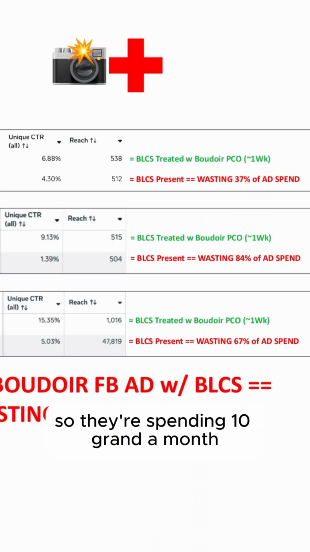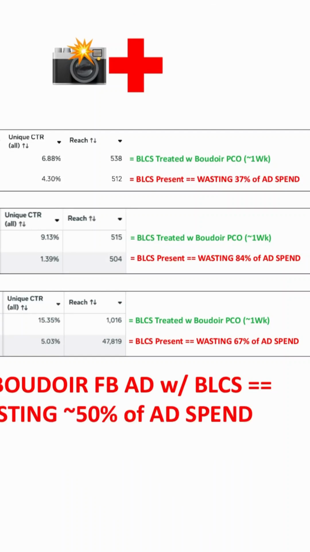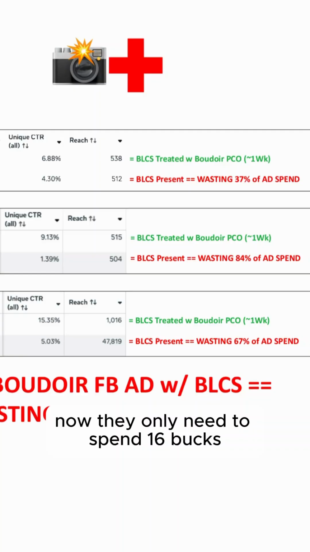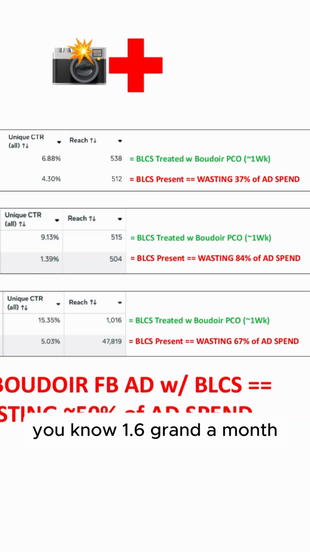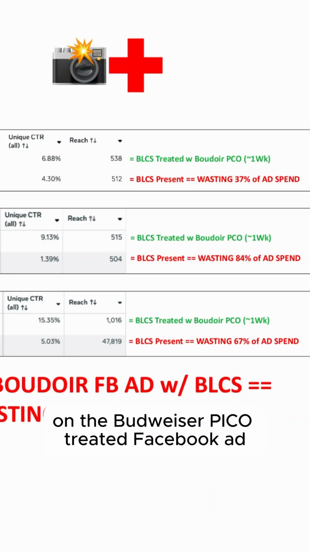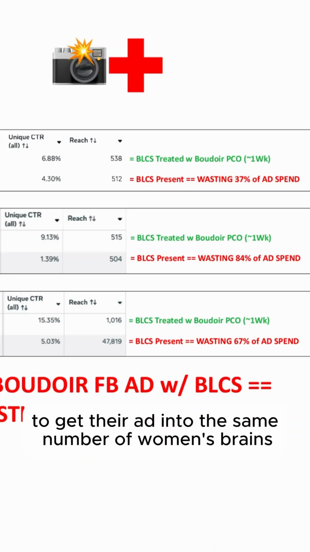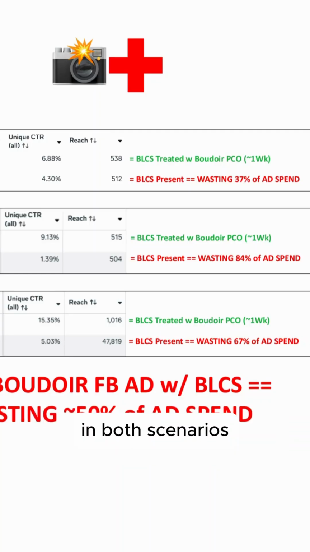So they're spending 10 grand a month on the original Boudoir Facebook ad. Now they only need to spend $1,600, 1.6 grand a month on the Boudoir Pico treated Facebook ad to get their ad into the same number of women's brains in both scenarios. So as a result, we're eliminating $8,400 a month in wasted Boudoir Facebook ad spend.